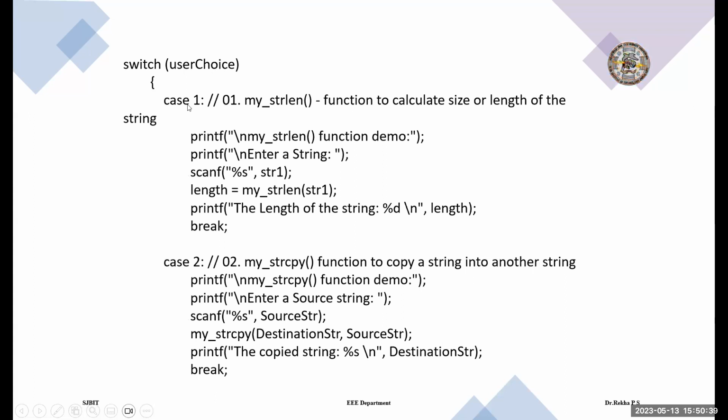Suppose the user choice is 1, what does it do? First, you are supposed to find the length of the string. So that function calculates the size or length of the string, correct? Now, first I'm displaying some information to the user just for more readability: my strlen function demo is so and so.